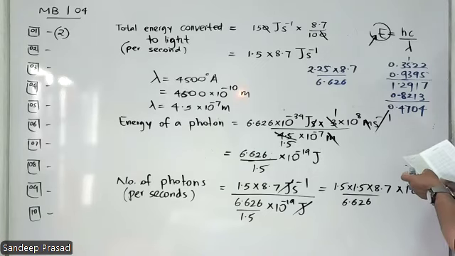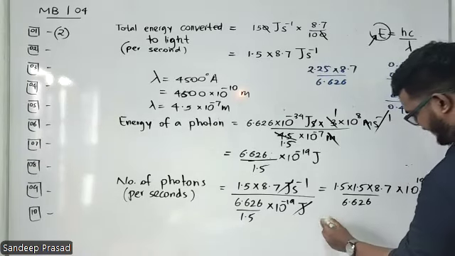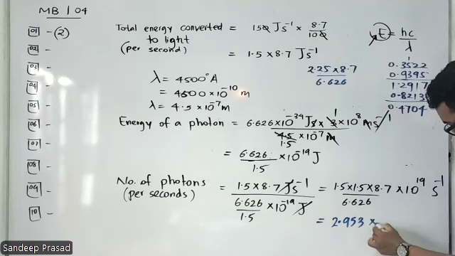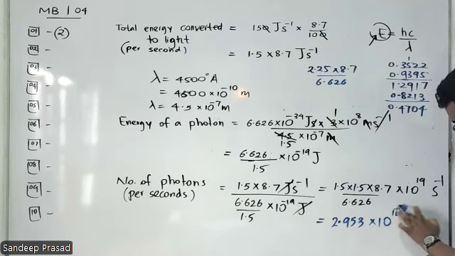Yeah, approximately we can take that as 29.5. Let me write down the correct value: 2.953 × 10 to the power 19 per second.